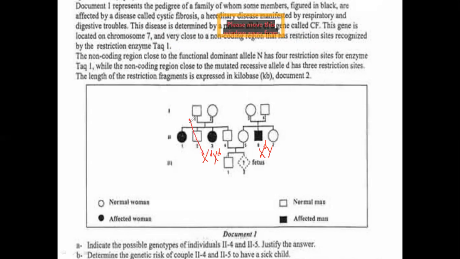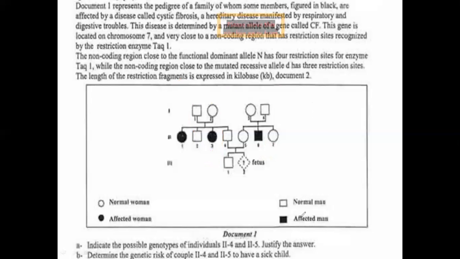Each XD will be inherited from the father or from the mother, so the father should be XDY and the mother should be XD XN, for example. With XDY, the father would be affected, so it's not the case. Here I deny it on both the non-homologous part of X and the non-homologous part of Y.